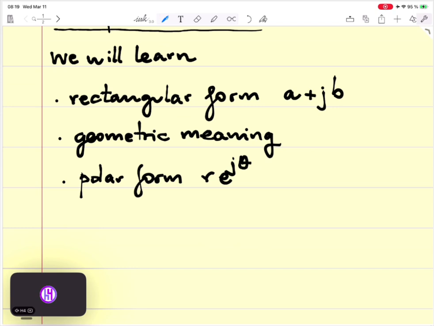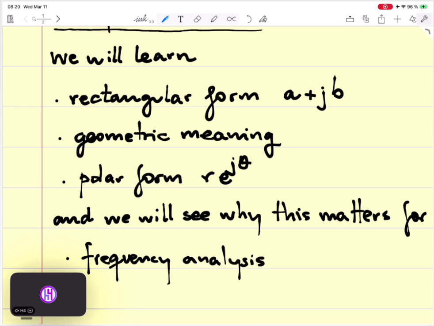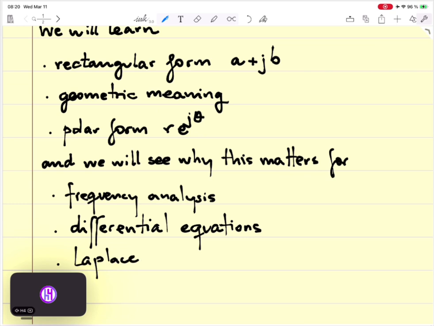So we will see why this matters, for some stuff like frequency analysis, differential equations, the Laplace transform, to solve these differential equations.